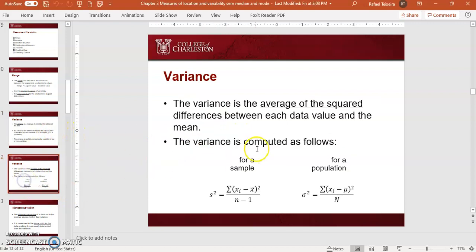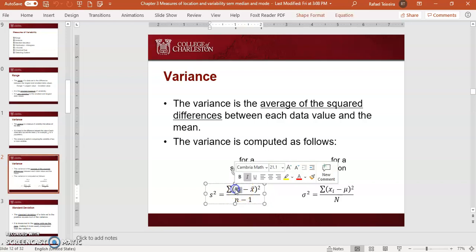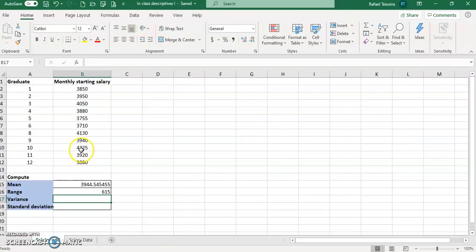Let me show you the formula here. This is the formula for the variance in a sample, and this is the variance in the population. You see that in this formula, xi means each value we're considering. For example, let's go back to the example of the 12 graduates and their salaries.